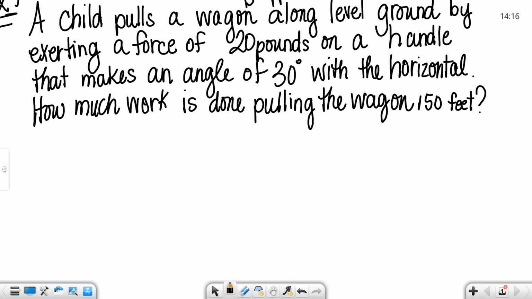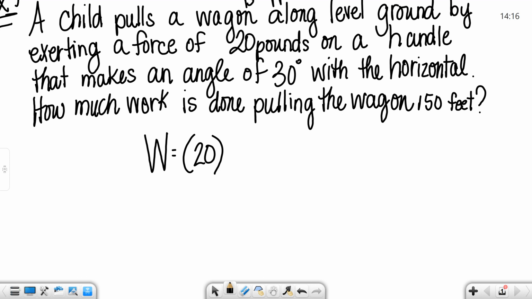So we are asked to find the work done. That's capital W. The magnitude of the force: it said that the child was exerting a force of 20 pounds, so the magnitude of our force is 20.